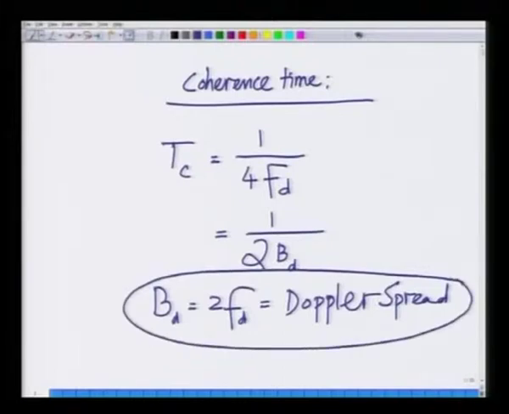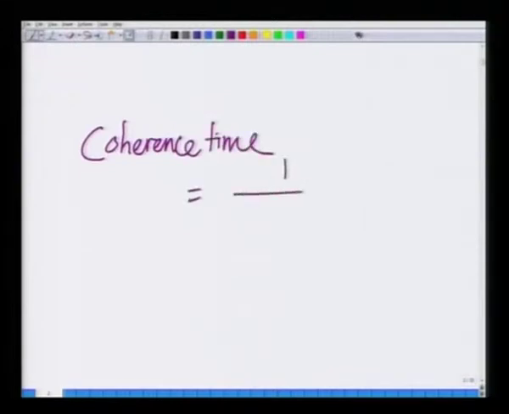That is, twice f d is the Doppler spread. Hence, the coherence time T c is 1 over 2 B D. Let me write that clearly: coherence time equals 1 over twice the Doppler spread of the channel, which is B D.